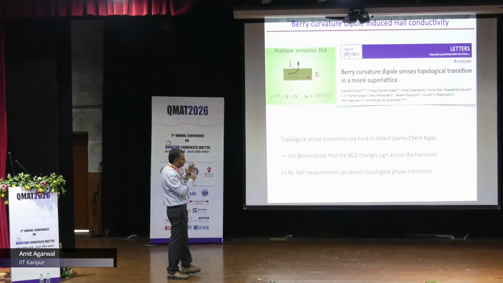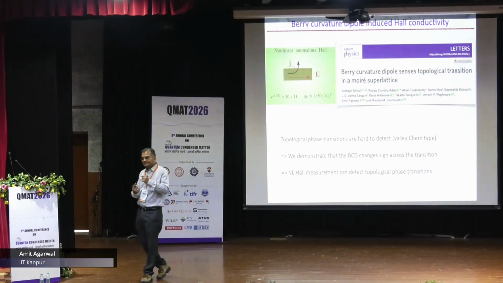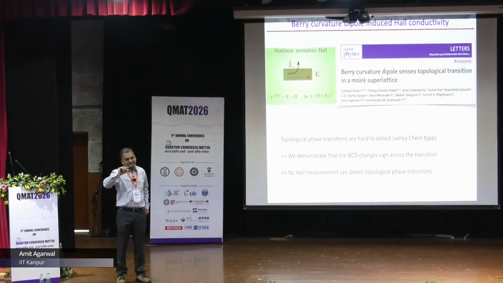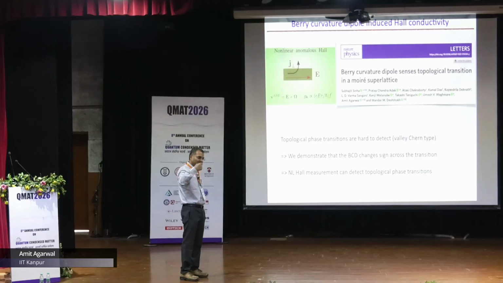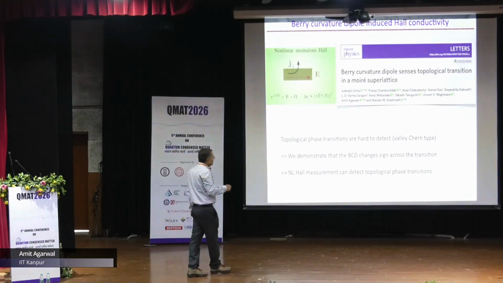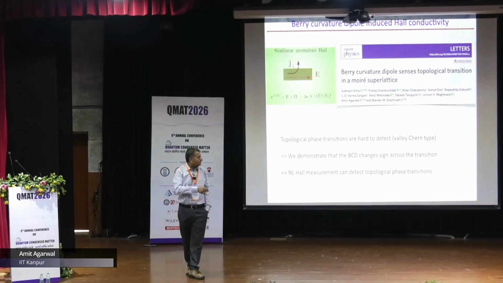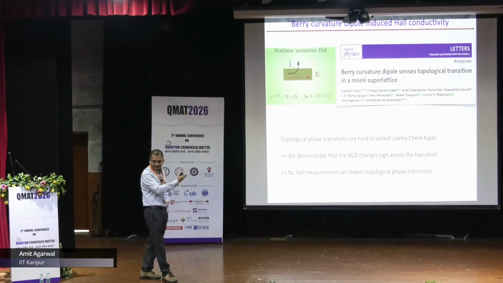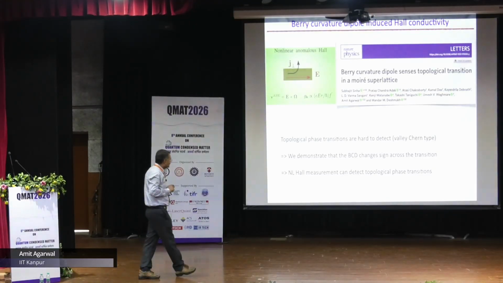Topological transitions are slightly hard, and moire materials specifically have these valley Chern transitions. If I change the vertical electric field, I can change the Chern number of the bands of the 2 valleys. I go from Chern number 1 to Chern number 2 and so on. We showed in this particular work, by Mandar's group primarily, that you can use this BCD response to probe these topological phase transitions.